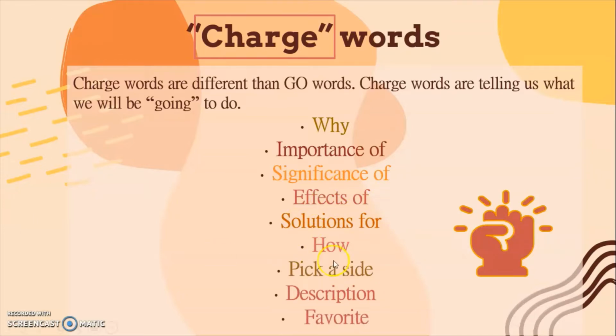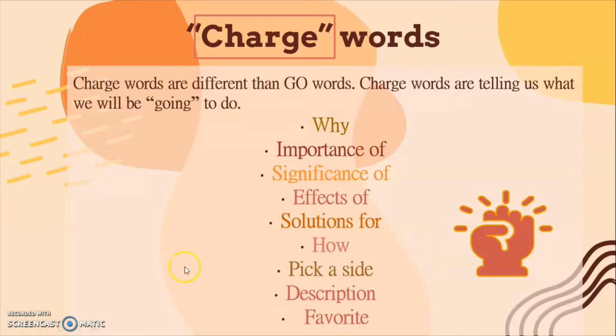So pick a side might be something like either you agree with somebody or you disagree, and explain why. Pick a side. Are you on the side, like that story we read, insects are amazing or bugs are creepy? They want us to pick a side on that when we were reading those, right?